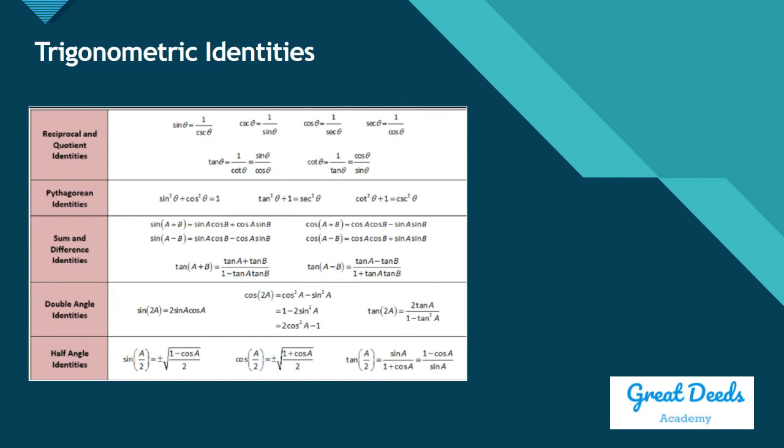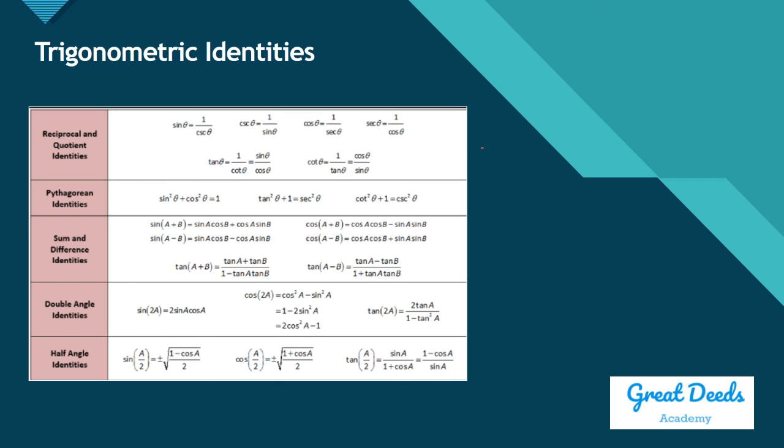I am flashing this small table. There's a lot of trigonometric identities. There's a lot. But for our class, integral calculus, these are the list of trigonometric identities that matter to us. So you must remember this.